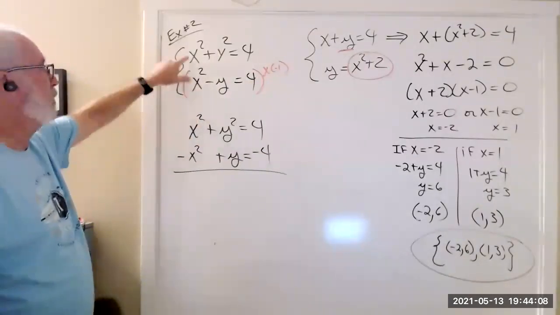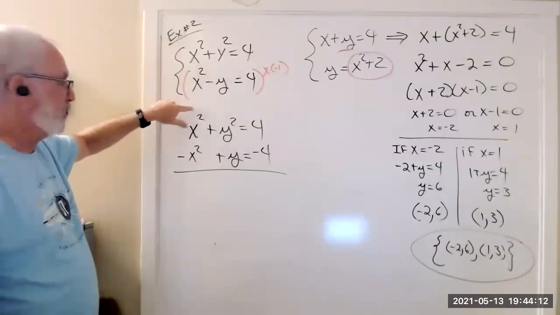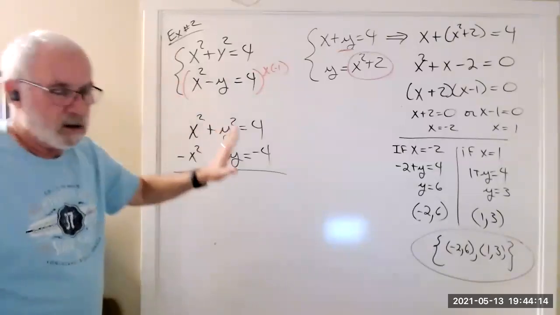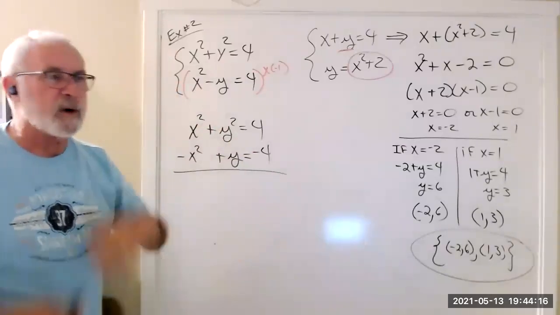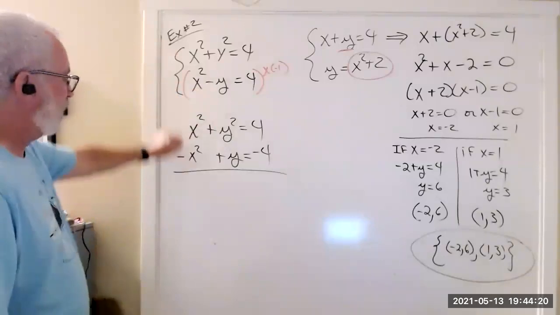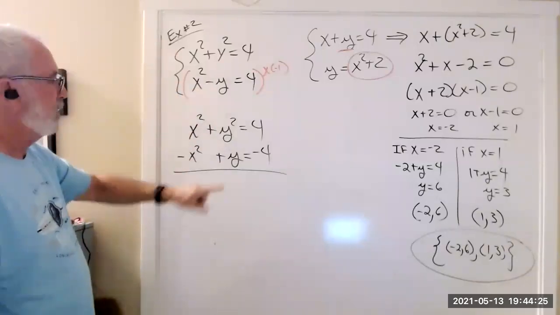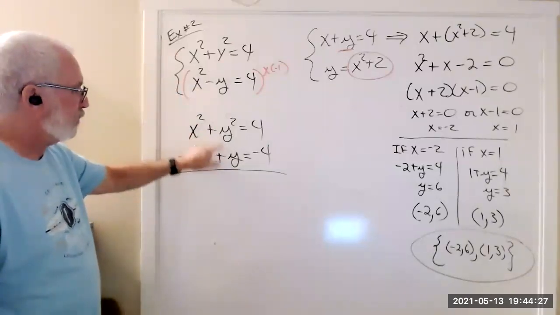And if I add it with positive x squared, those will cancel each other out. It could have been done an entirely different way. I just wanted to show this. So now, if we add these, my x squareds drop out. Important question. Can I add these two? Look where I'm pointing.